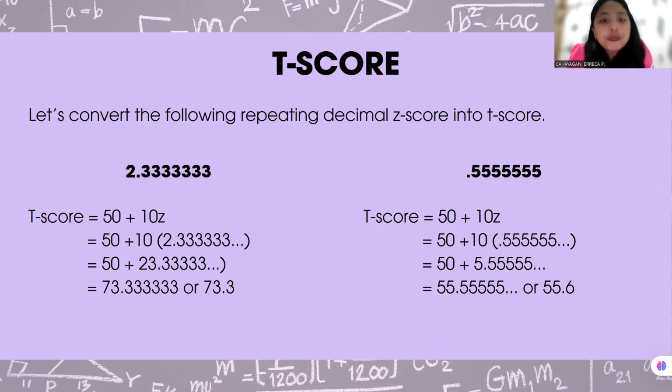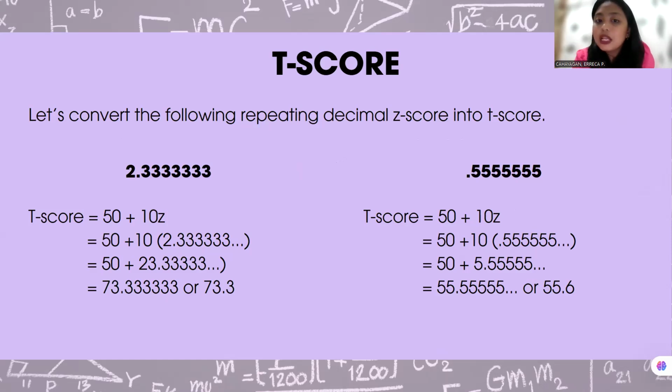Rounding off these decimal places can mask subtle but important distinctions between individual scores. Therefore, we need to maintain those decimal places, but most importantly, to maintain both clarity and accuracy.